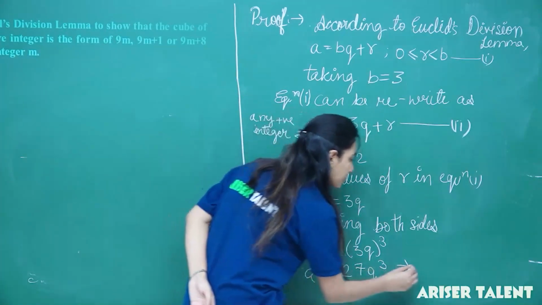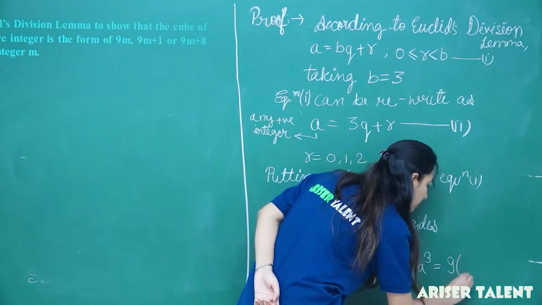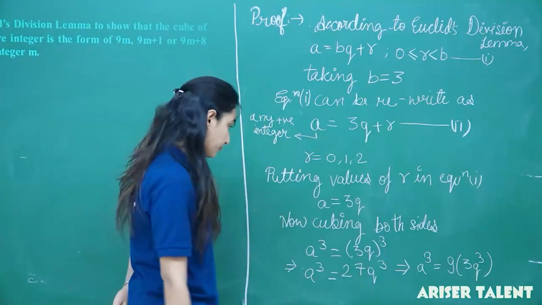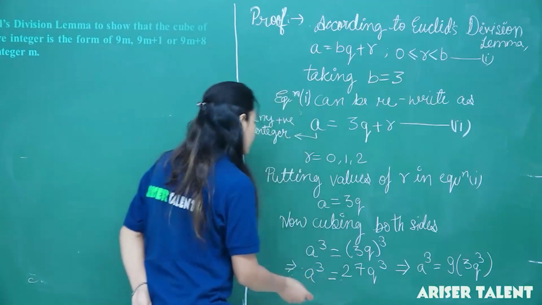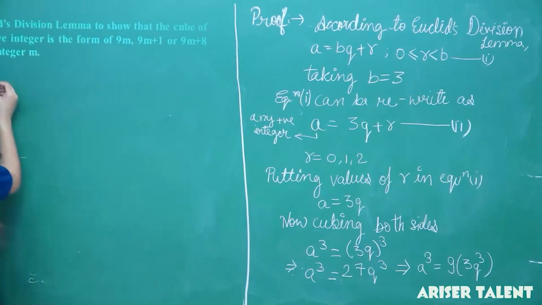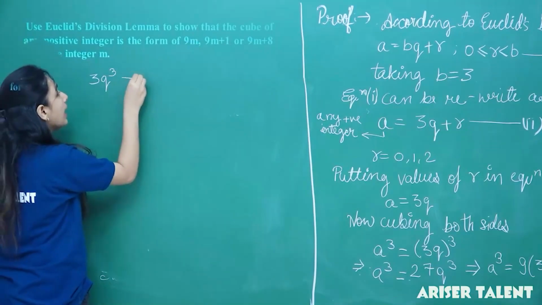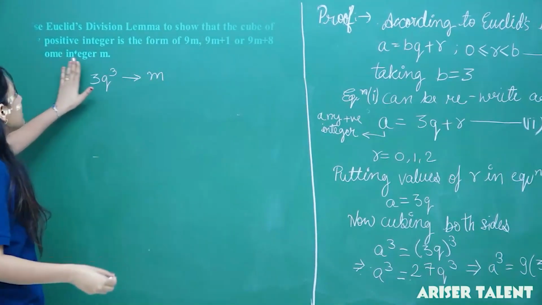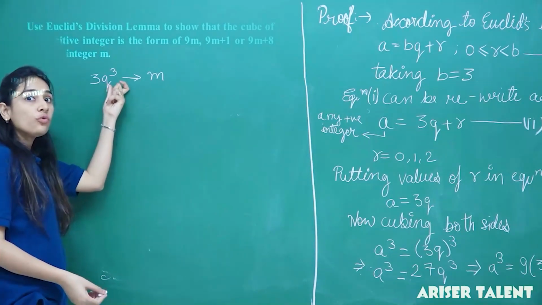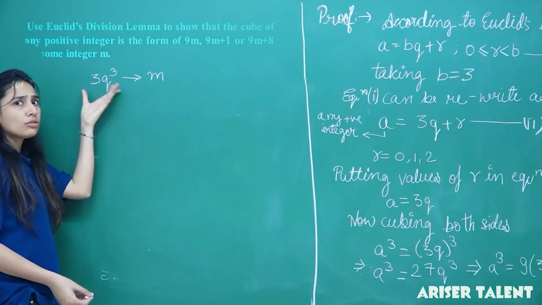We can write this equation by taking 9 common. Now what we will do, we will just take 3q cube as m, where m is some integer. Now 3 is an integer, q is an integer, so q cube will also be an integer, and the multiplication of two integers is also an integer.